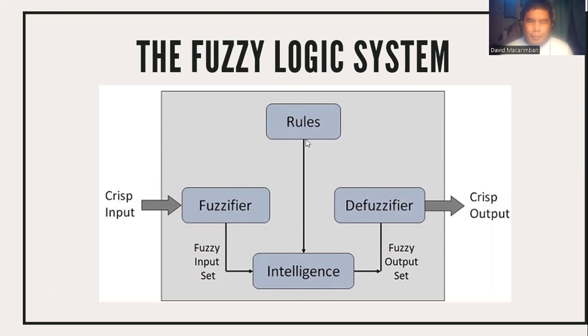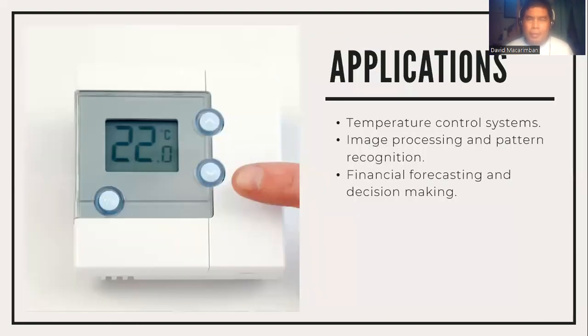Then rules will go to inference engine, then lalabas sa the defuzzifier, and then fuzzy output sets. So ito yung crisp output. So application: temperature control systems, image processing and pattern recognition, financial forecasting, and decision making.